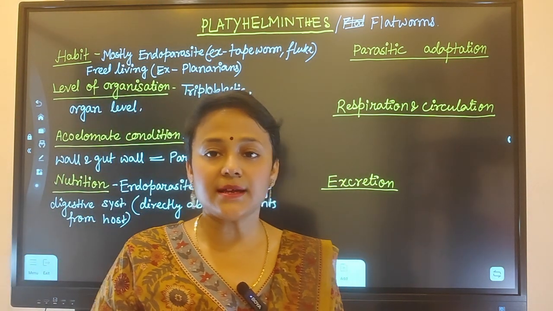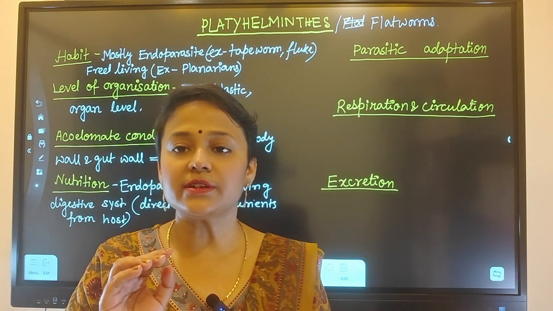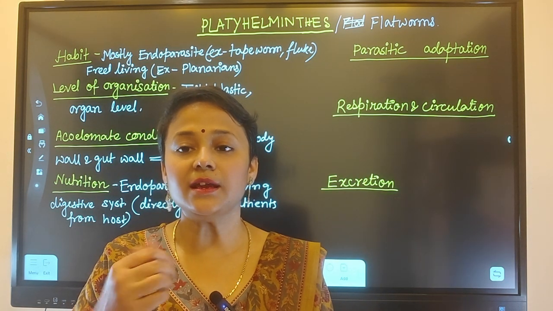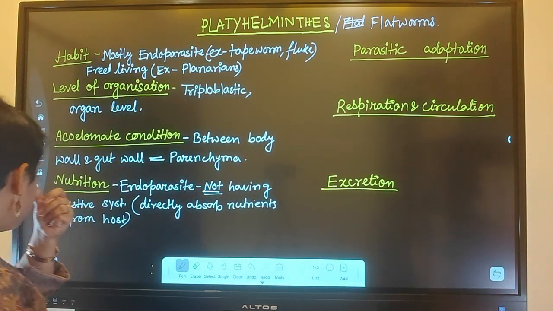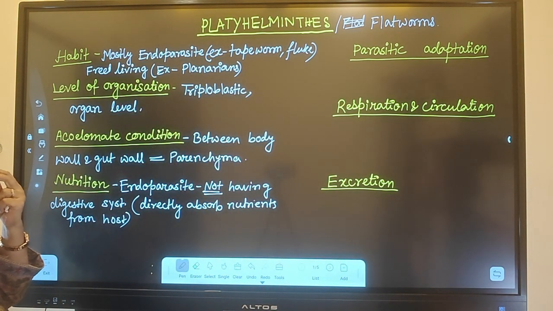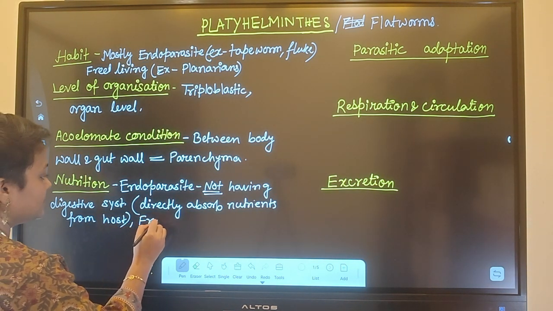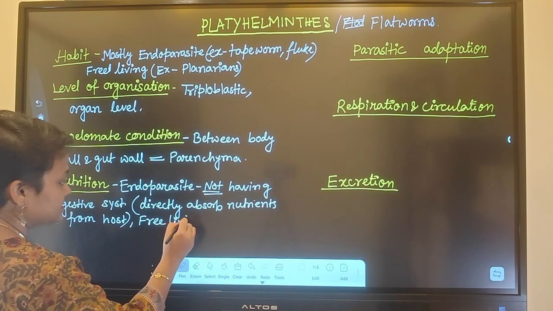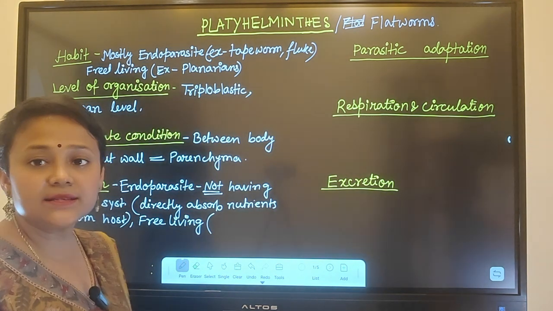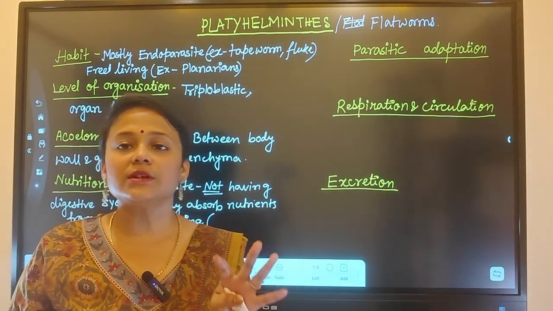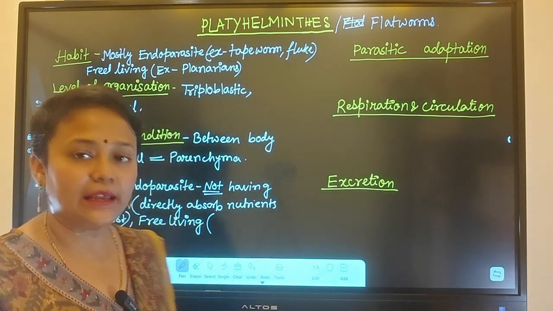So this also comes under parasitic adaptation. When the parasite lives in the body, it does not require unnecessary organs or organ systems. So here the digestive system is completely absent in the parasitic form. But in the free living form, the digestive system is present, but it is blind sac type, meaning only one opening will be there which acts as both mouth and anus.